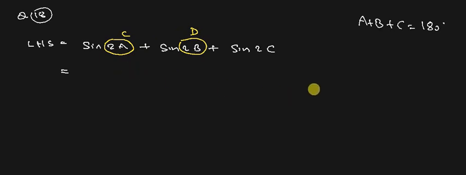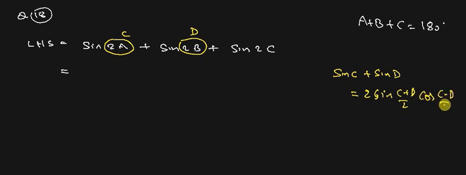And what is the formula for these two quantities? What is sin c plus sin d? Here I am writing sin c plus sin d is equal to 2 sin (c plus d) by 2 cos (c minus d) by 2. This is the formula.